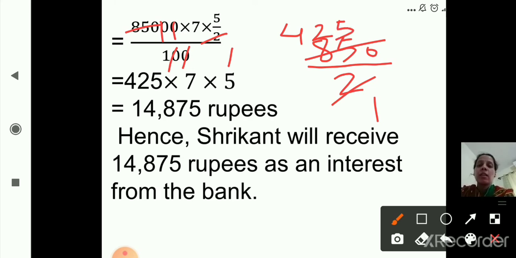So 850 divided by 2 is 425, and 7 and 5 we will write down as it is.